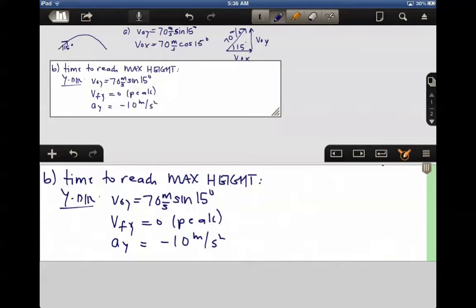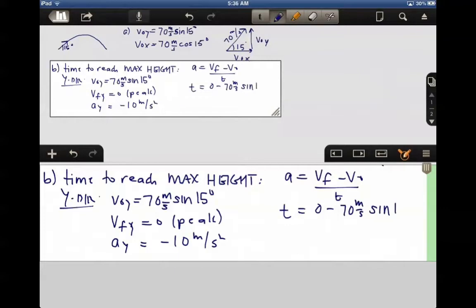And so if I want to find time, I'm going to use a equals V final minus V initial divided by t. So t will be 0 minus 70 meters per second sine 15 divided by negative 10.